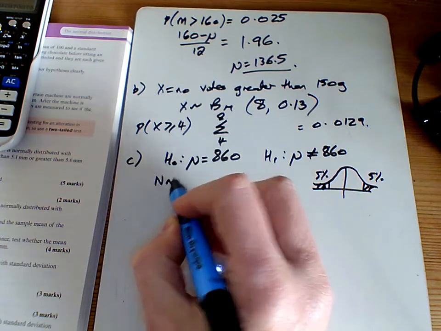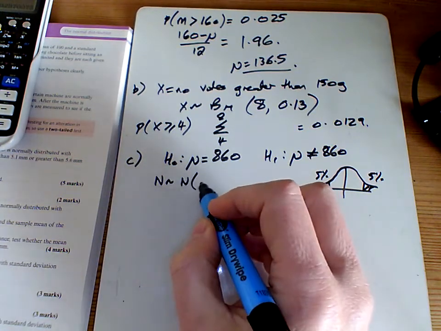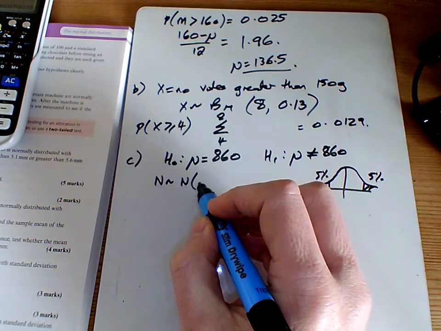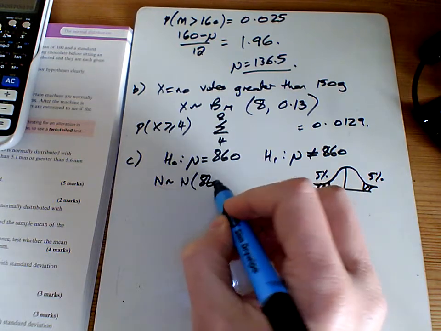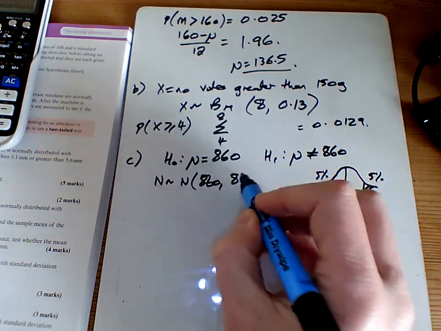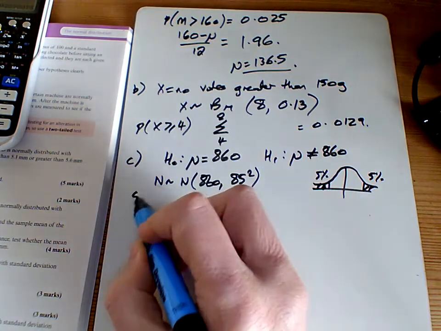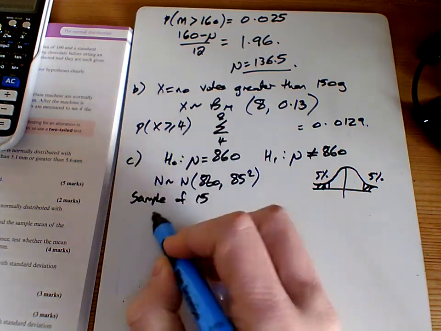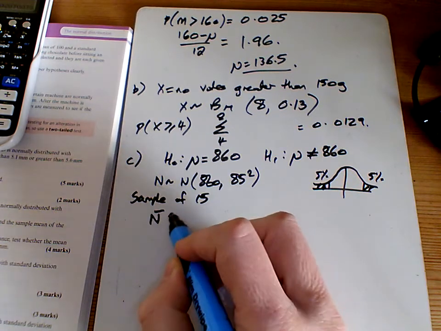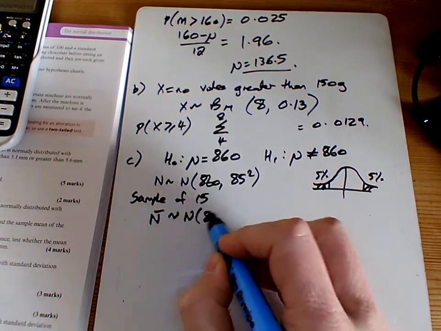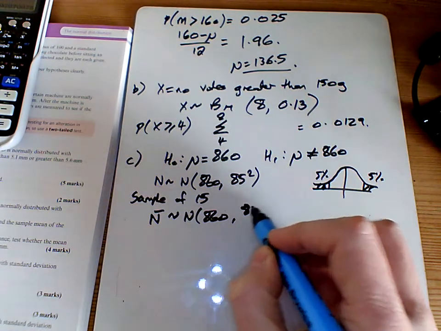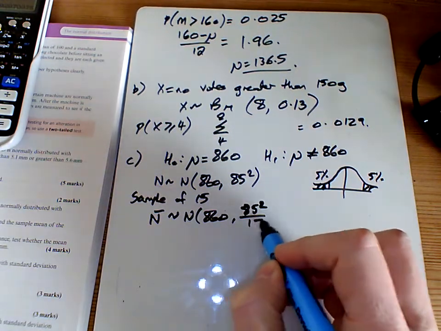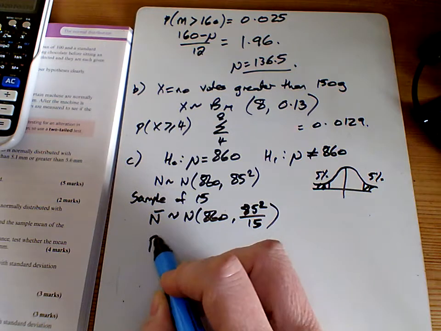The grams are normally distributed with a mean of, we just said that, 860, and a standard deviation of 85. So we've done a sample of 15, and so the mean of the mass is normally distributed 860, and this time the variance is 15 times smaller.